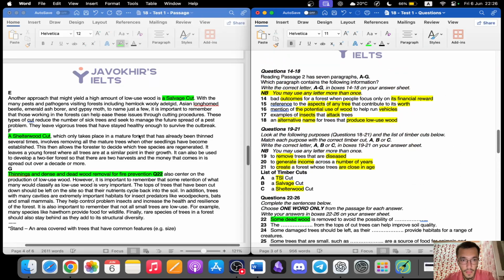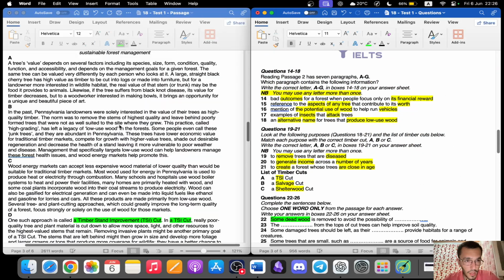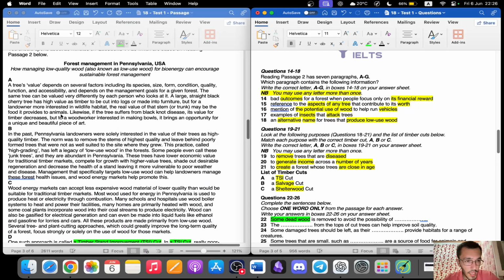Okay, now. A tree's value depends on several factors, including its species, size, form, condition, quality, function, and accessibility, and depends on the management goals for a given forest. The same tree can be valued very differently by each person who looks at it. A large, straight black cherry tree has high value as timber to be cut into logs or made into furniture.